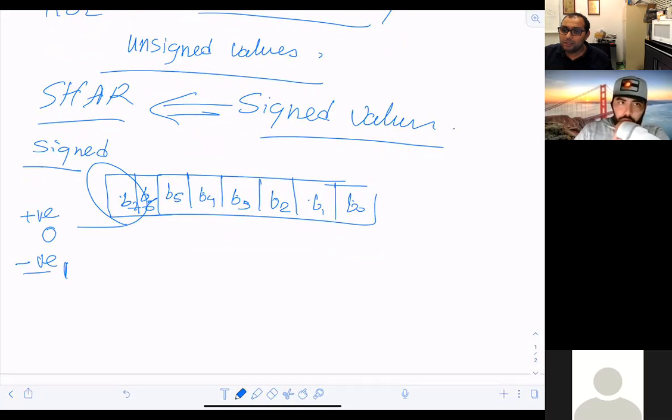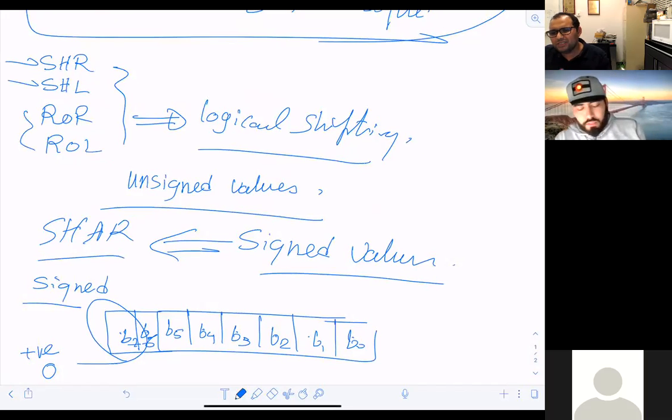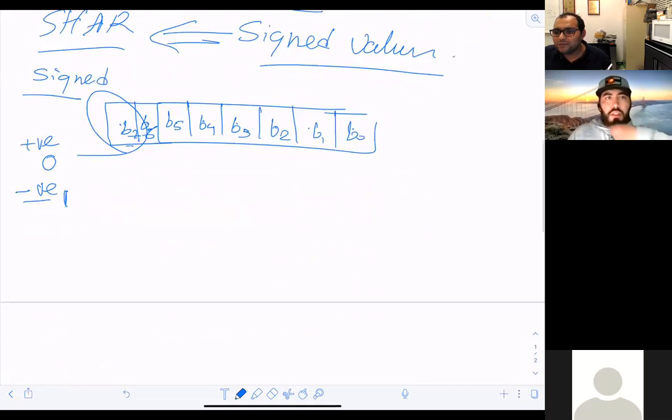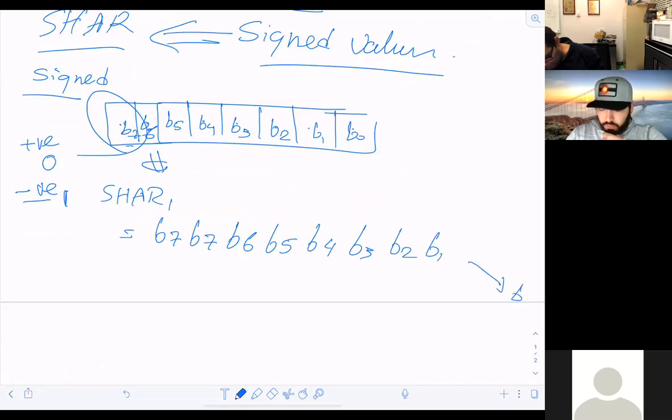Do you guys agree? So what does the concept of shifting arithmetic right say? I'm not going to shift in a 0. Here I shift in 0, here I shift in 0, and those come from the least significant bit side. For this one, no, we're going to shift in the most significant bit. Example: shift arithmetic right 1 is equivalent to B7, B7, B6, B5, B4, B3, B2, B1, and B0 is out.